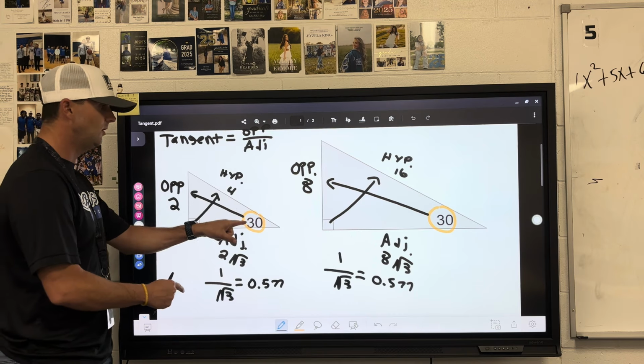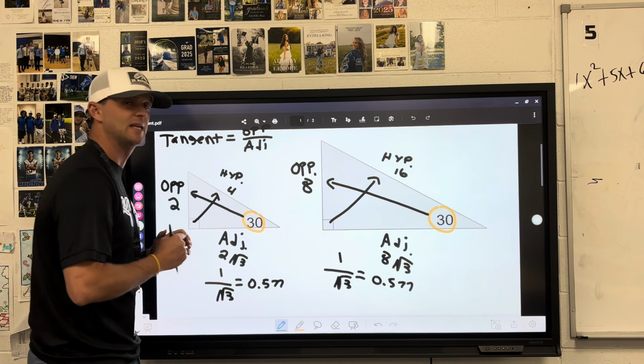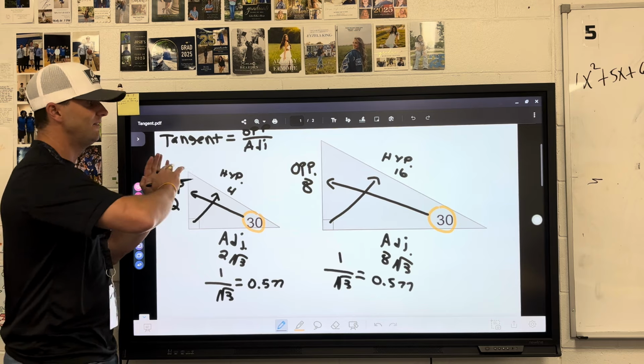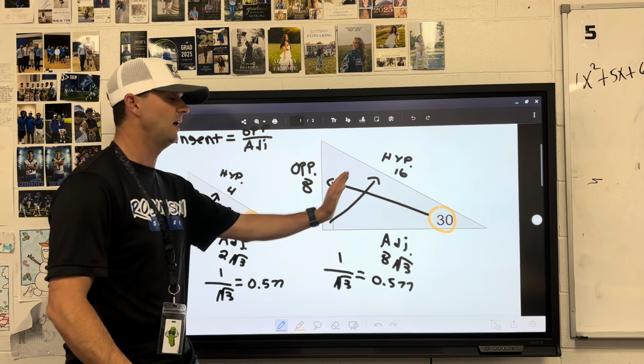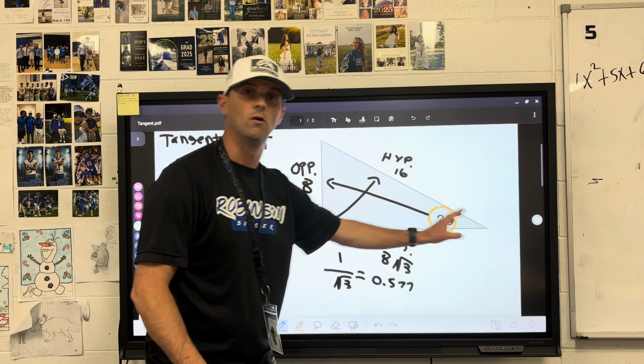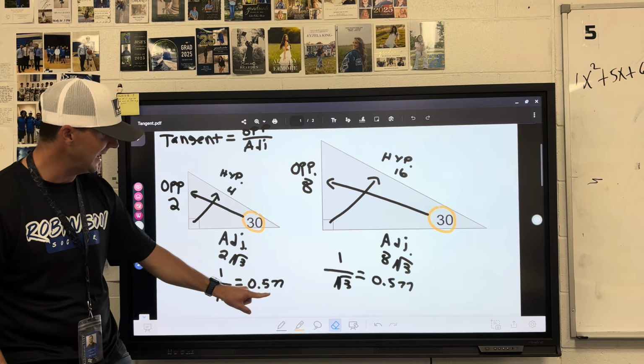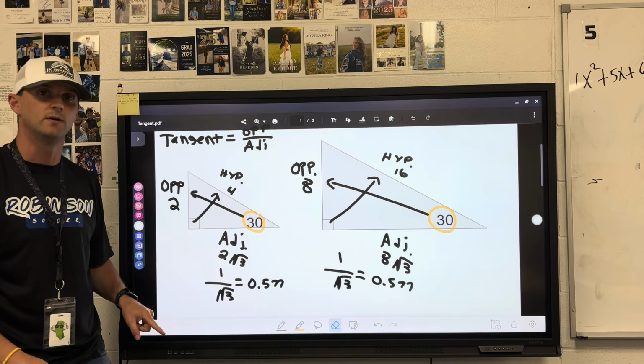Now, if you look, both of these angles are exactly the same. So I know that if I was to make another triangle with a 30 degree angle and do the opposite over the adjacent, this is what the tangent of 30 degrees is going to be.